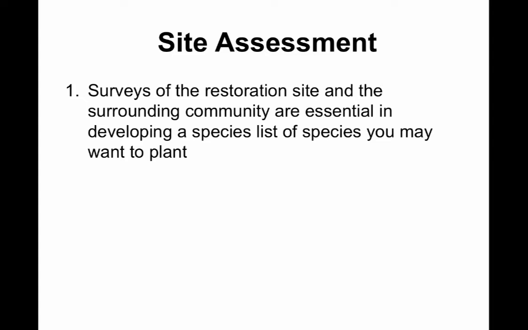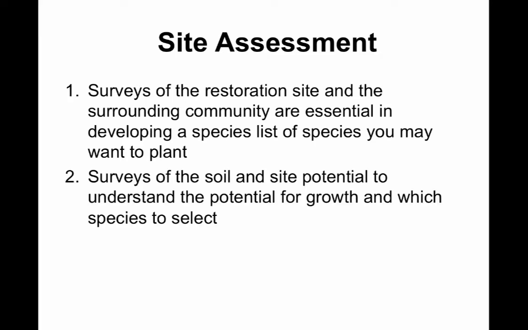Part of that is surveying the surrounding community and developing a species list of key species that should be present in your restored site, and also looking at what species may already be there and what species may be absent. Those are ones that you might want to focus in on planting or enhancing as part of your specific restoration site plan.